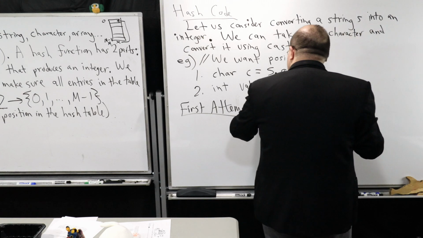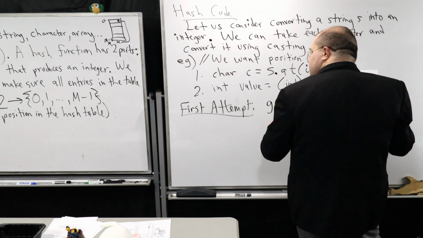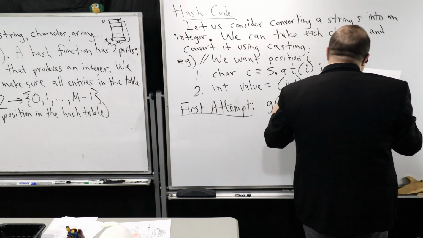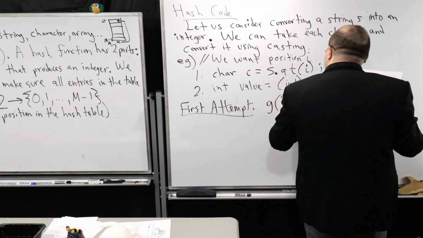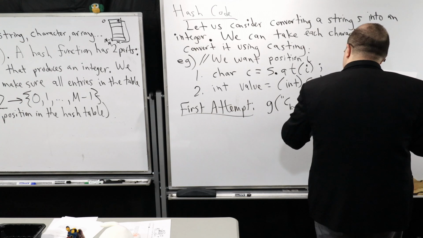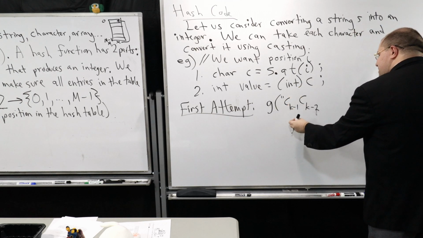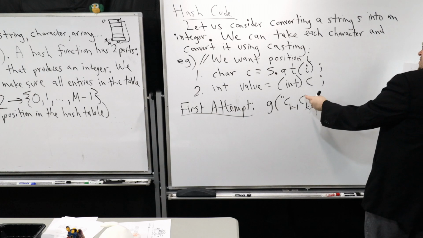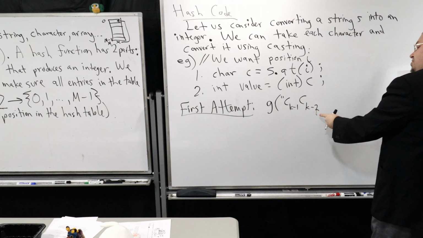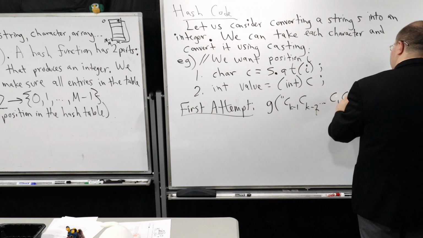I'm going to take a function g. Remember, that's what my hash code is, function g. It's going to take in characters. I'm going to label them backwards like this. The first character is c with subscript k minus 1, then c k minus 2, all the way down to c1, c0.